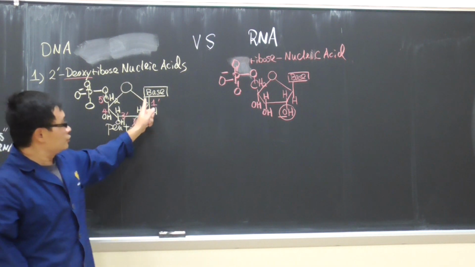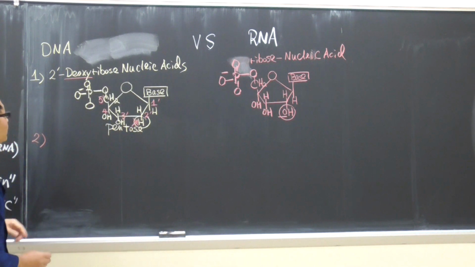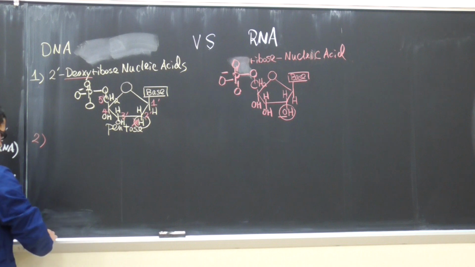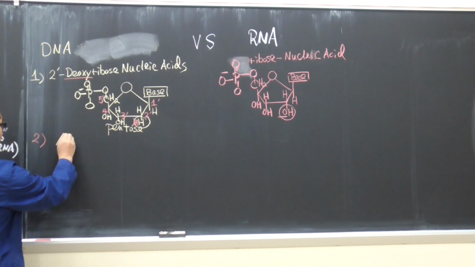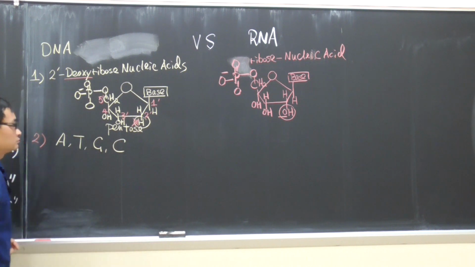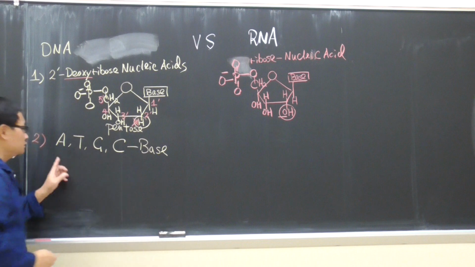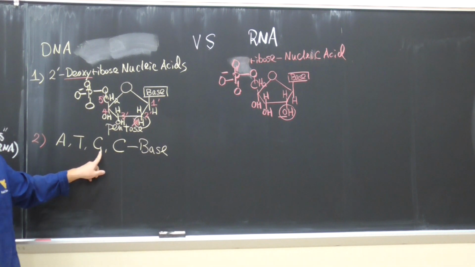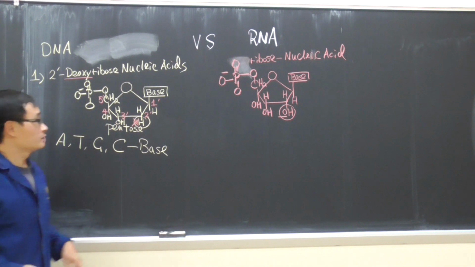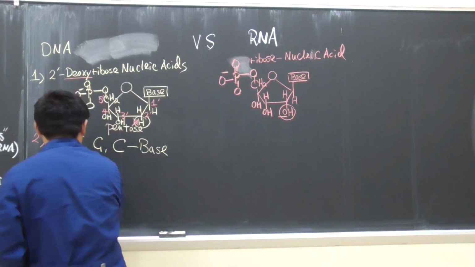Second, you know there is a base connected to that. What are the bases of DNA? A, T, G, C. These are the bases: adenine, thymine, guanine, and cytosine. How about RNA? What does RNA look like?